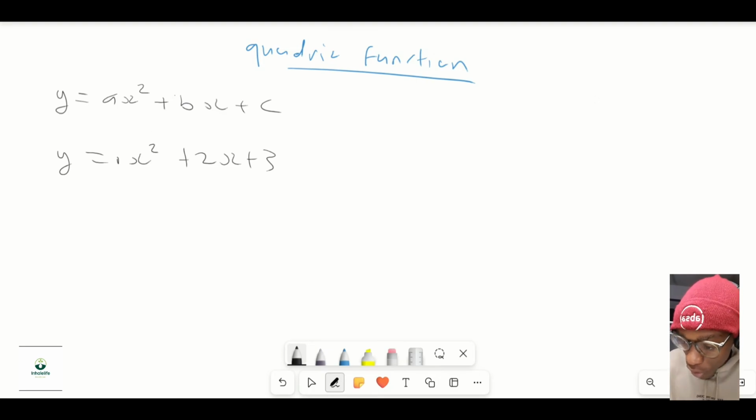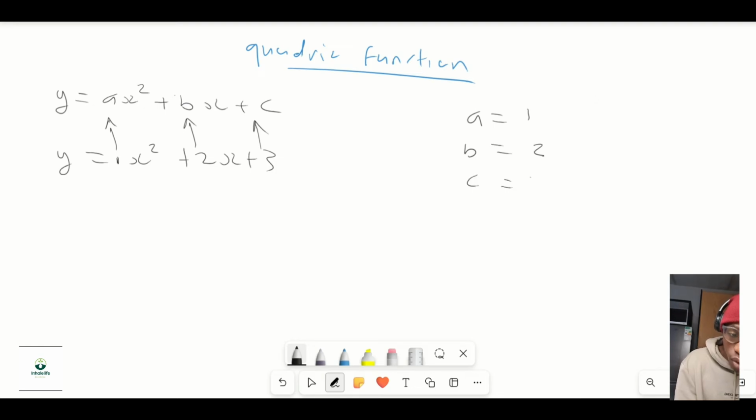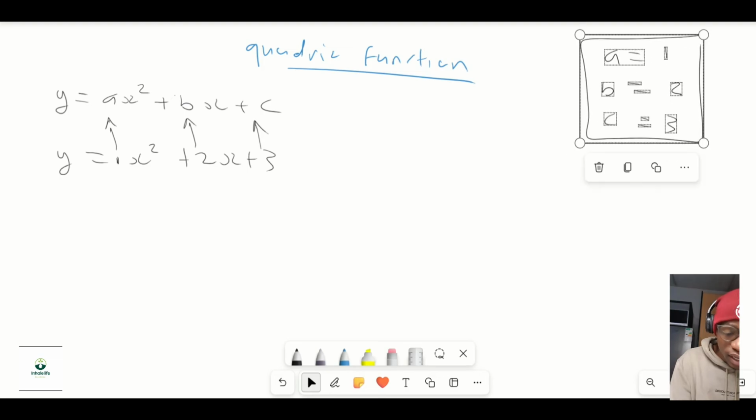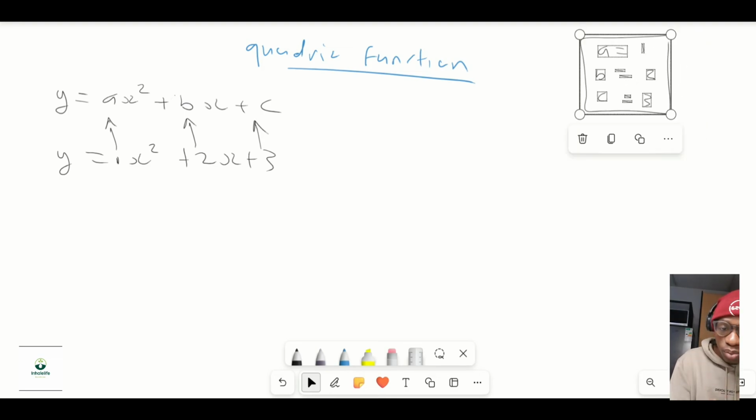We have 1, which correlates with a, this 2 correlates with b, and this plus 3 correlates with c. So a is 1, b is equal to 2, and c is equal to 3. Before doing anything, you have to capture these things so that you can use them later.